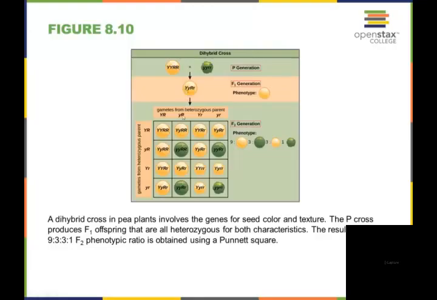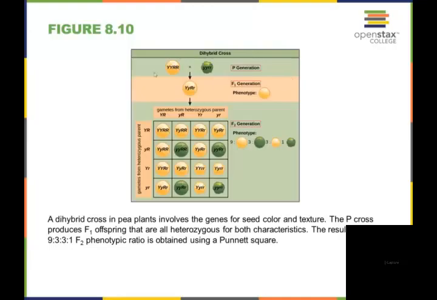You're going to take the outer two, a big Y and a small r that you've got right here. The inner two letters, a small y and a big R, you've got right here, and then the last of each letter. So first, outer, inner, and last is where you get the FOIL mnemonic from.